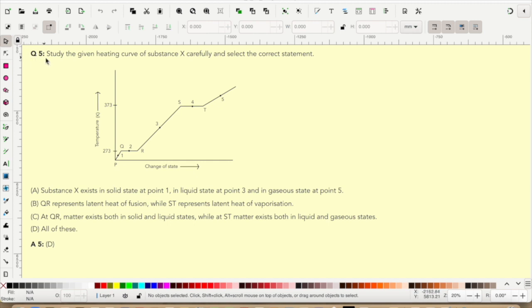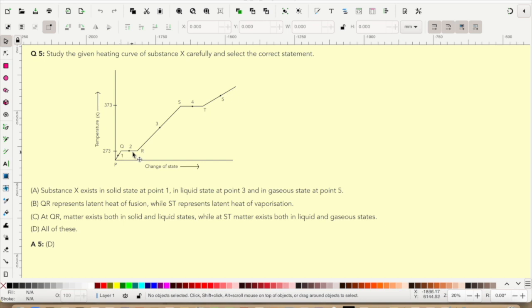Last question. Study the given heating curve of substance X carefully and select the correct statement. Let us study the curve first. X-axis represents change of state and Y-axis represents temperature in Kelvin. 273 Kelvin is freezing temperature, 373 Kelvin is boiling temperature. At point P, substance X is in solid state. Between P to Q, temperature rises.